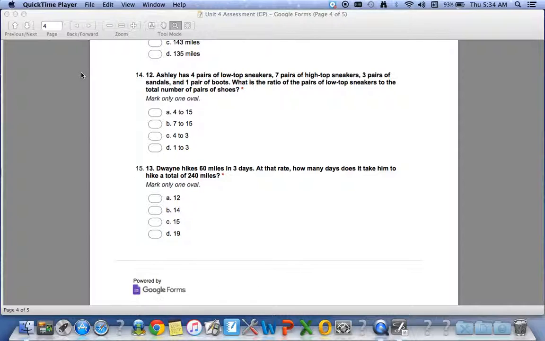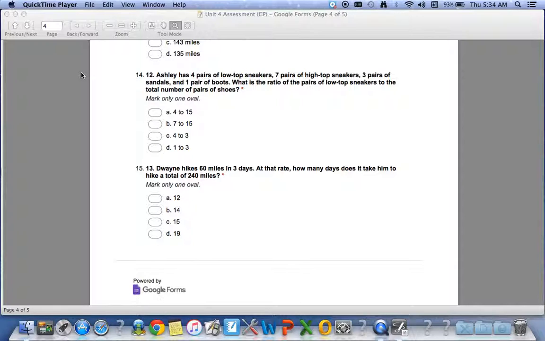Number 14, or 12. Ashley has 4 pairs of low-top sneakers, 7 pairs of high-top sneakers, 3 pairs of sandals, and 1 pair of boots. What is the ratio of the pairs of low-top sneakers to total number of pairs of shoes? I'll read that again.